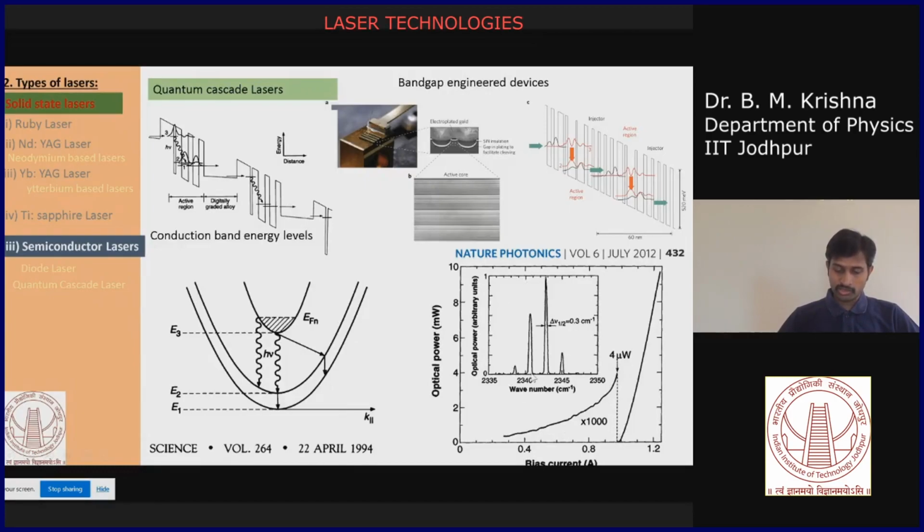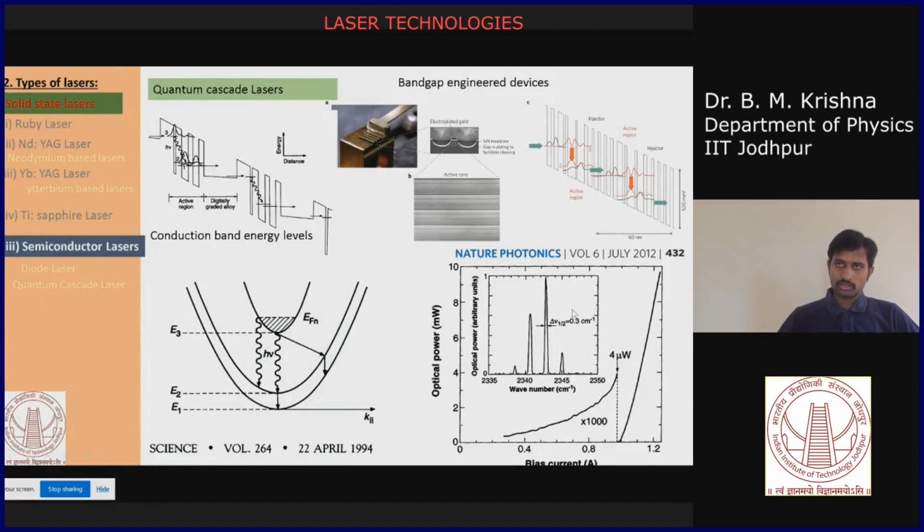In the inset of the figure, it's wave number versus optical power. Now if you see, these are very narrow bandwidths. For example, the full width at half maximum of one of the spectral lines is 0.3 centimeter inverse. So they have very small line widths.